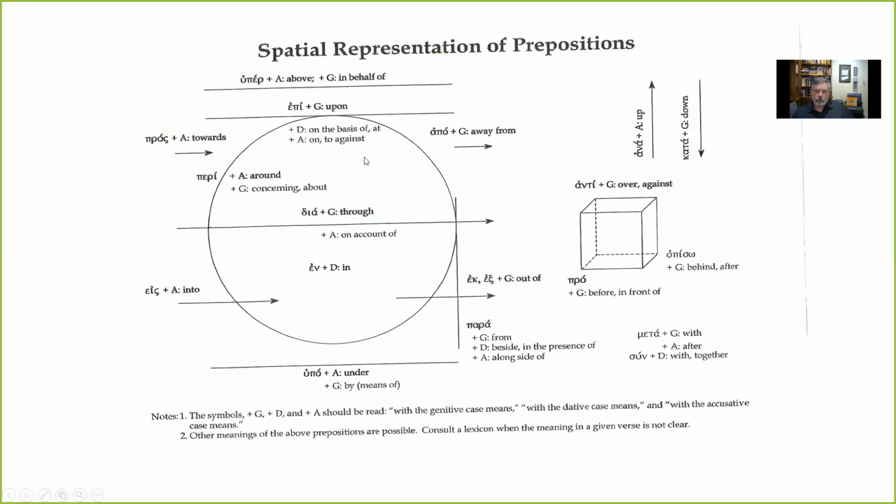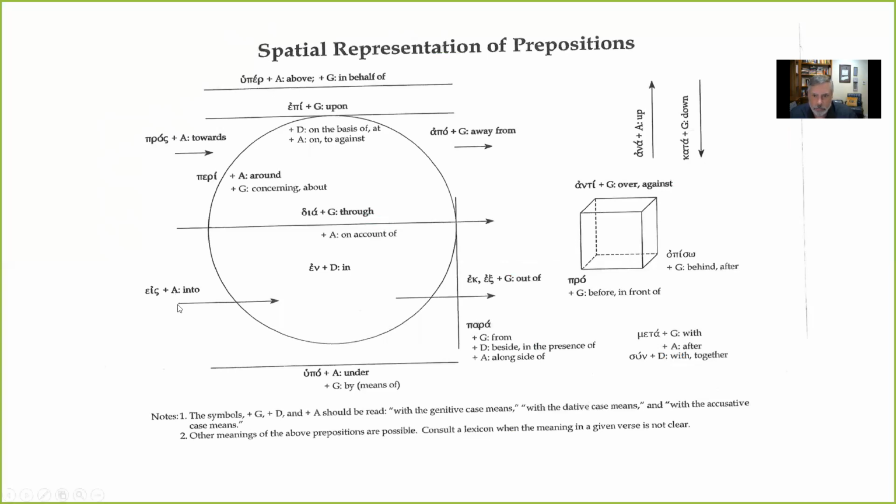Okay, so last week we did prepositions. The key thing about prepositions is recognizing that the preposition is associated with, or some say governing, the object that it's associated with. And this circle represents the object. If the preposition was eis, the object would be in the accusative.